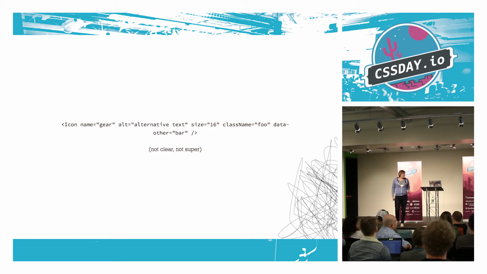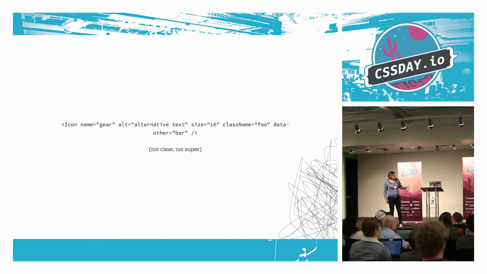And some templating languages haven't followed either of those rules. And it bugs me. There are things in there that look like HTML, and they're not. And there are things in there that look like they're not HTML.